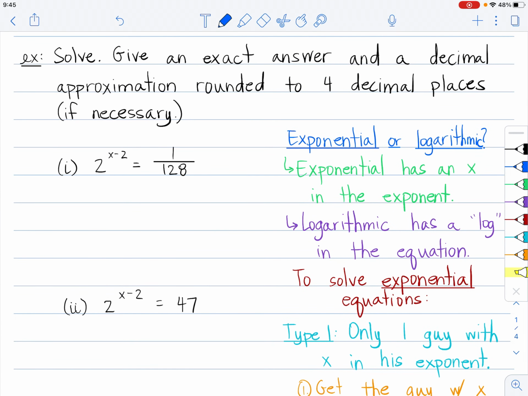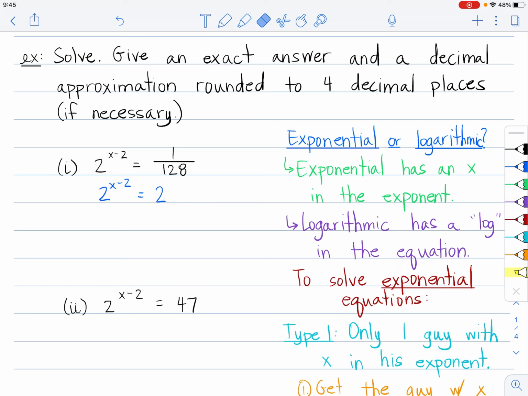Once we have him all by itself, can I write both sides in the same base? Meaning that, is 128 a power of 2? My vote is yes. So this is 2 to the x minus 2 is equal to, first of all, if it's 1 over a power of 2, that means that my power of 2 is a negative. And fiddling around on your calculator, you can find that 2 to the 7th is who gives us 128.